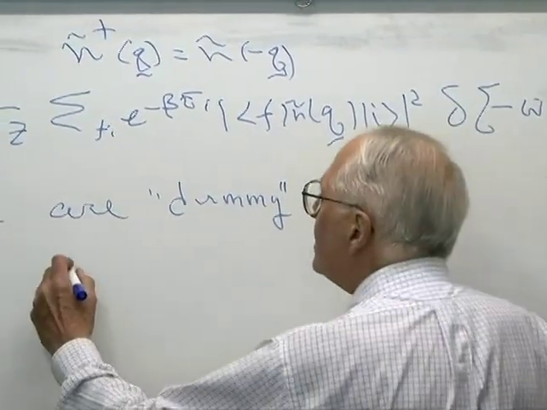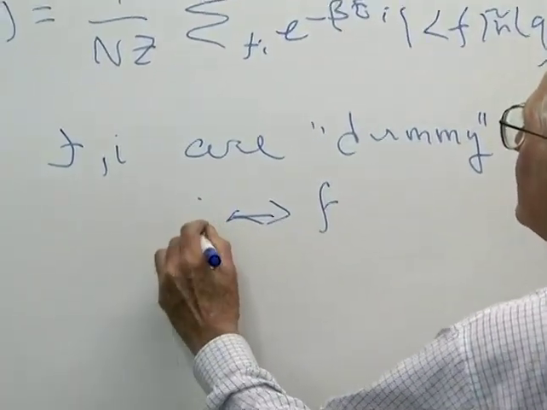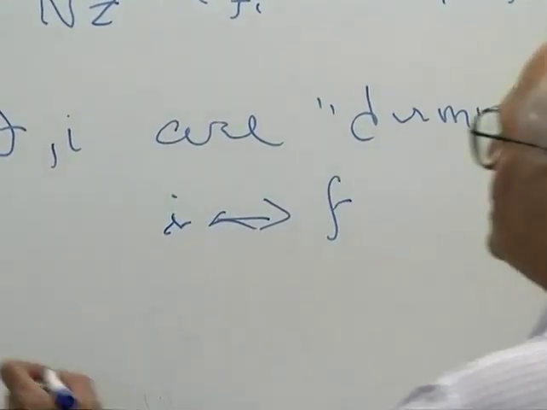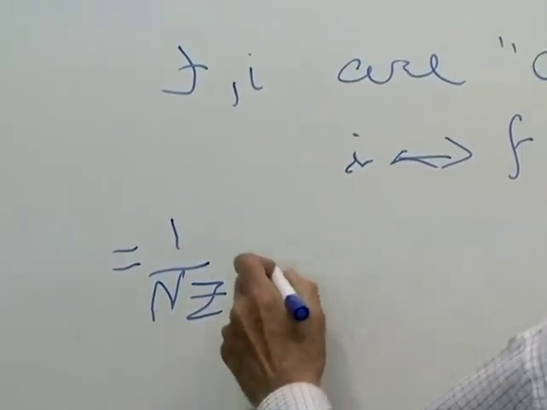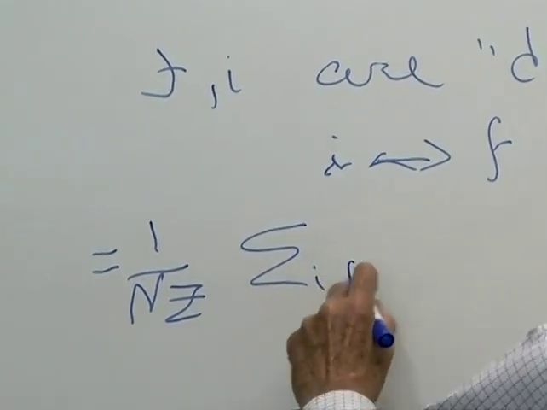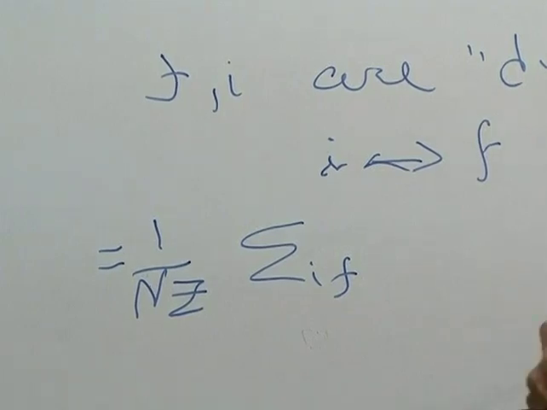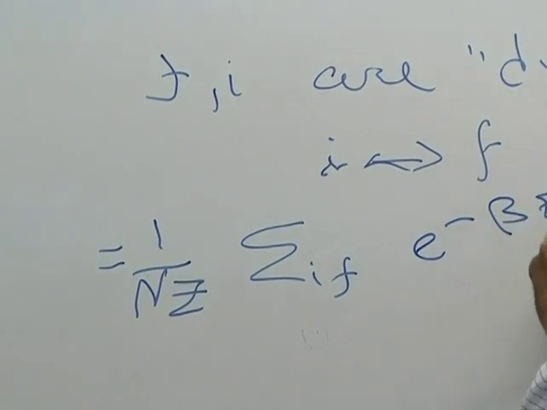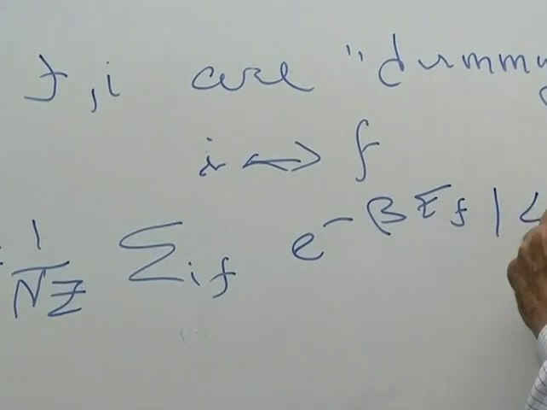And so I can interchange I and F. So everywhere I have I, I'm going to write F, and everywhere I have F, I'm going to write I. So I can write this now as 1 over NZ, sum on I and F, and it doesn't matter because I'm summing independently which order I write these in. I get e to the minus beta EF now. I get I n tilde of Q.